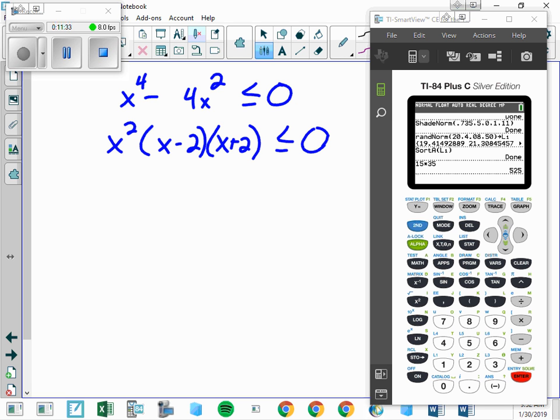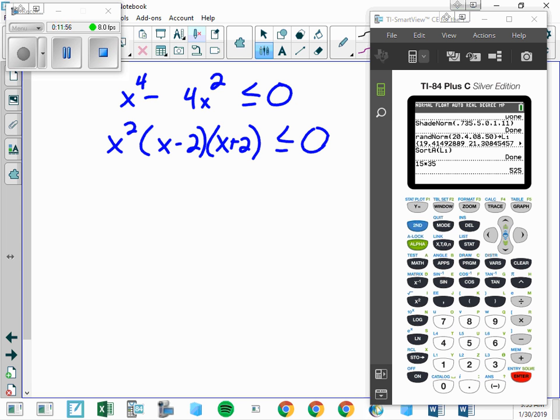What are the important numbers for this function? The important numbers are holes, vertical asymptotes, and x-intercepts. Basically, what happens on the x-axis that is special? The three things that can happen are you could have a hole, a vertical asymptote, or an x-intercept.